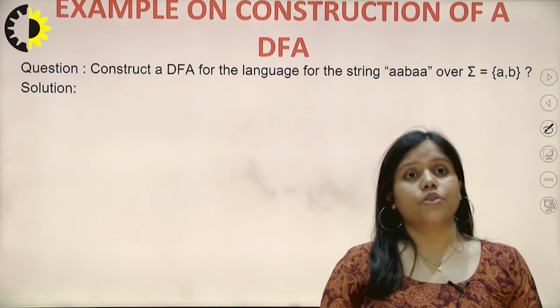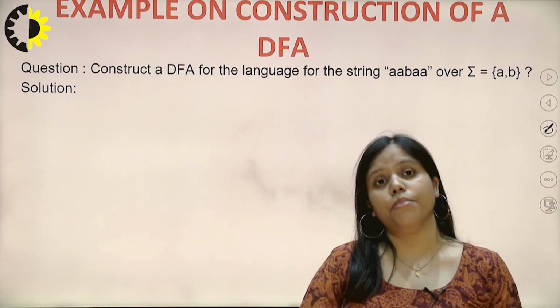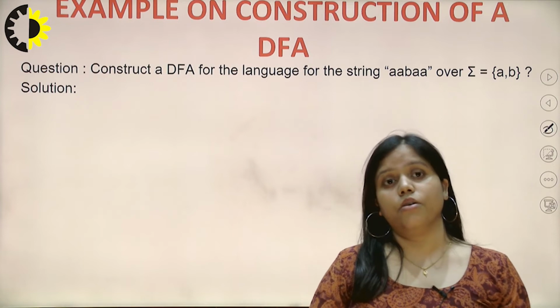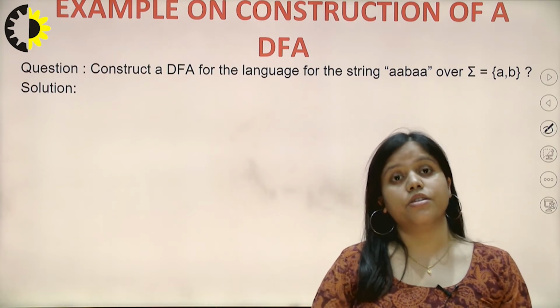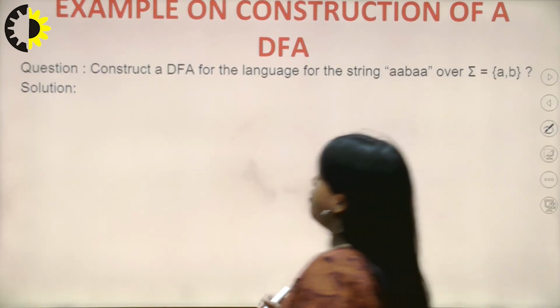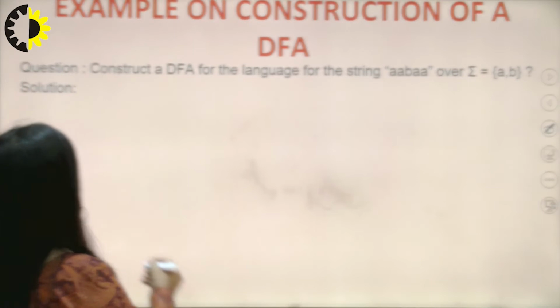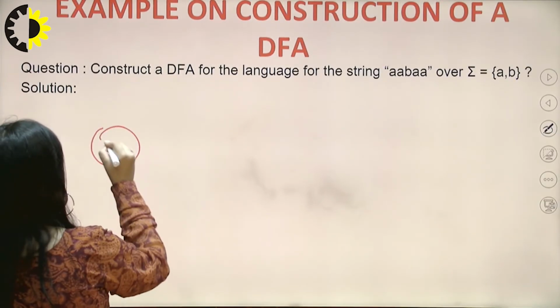Construct a DFA for the language for the string AABAA over the input symbols A, B. Since we are creating a DFA, let's take Q0.